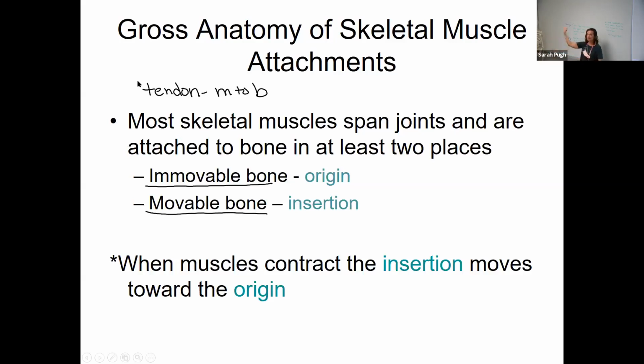And so when your bicep contracts, you get this movement, right? Flexion at the elbow. And so we would say that the origin, the immovable bone, is up here at the coracoid process. The insertion, the movable bone, is down here at the radius and the ulna, okay? And typically we see that when a muscle contracts, the insertion gets closer to the origin.